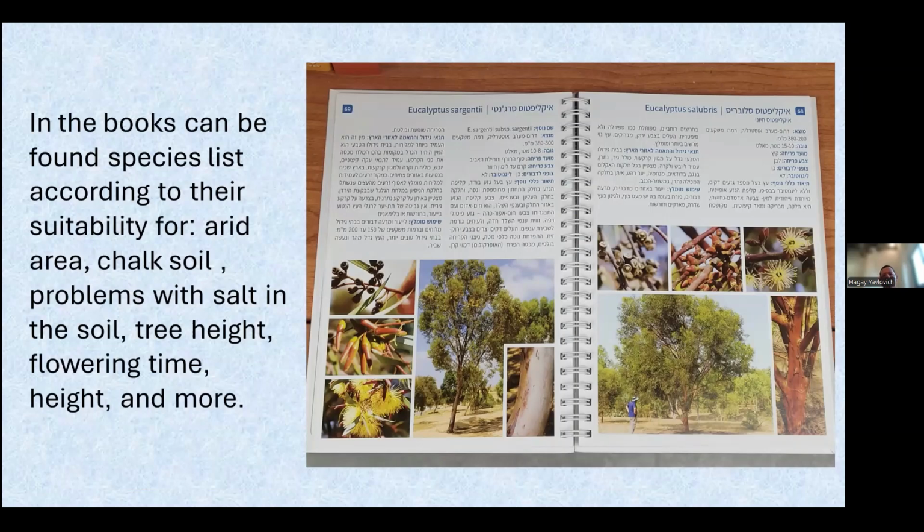So we know all the traits of each tree. So if you want to make a plot of eucalyptuses, you can choose which species you want and grow it in the nursery and then plant it in the area.